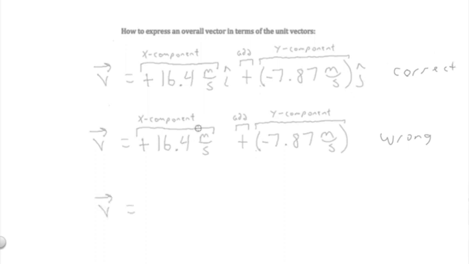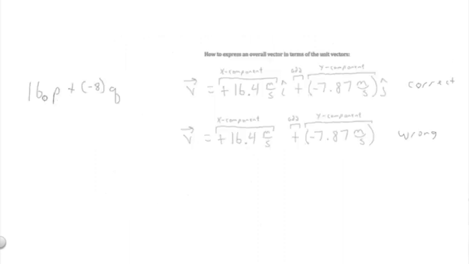Something else that you should not do is the calculation 16.4 minus 7.87. That's not what this is telling us to do. You can't do that calculation. That would come out to be about 8, but that would again be wrong.